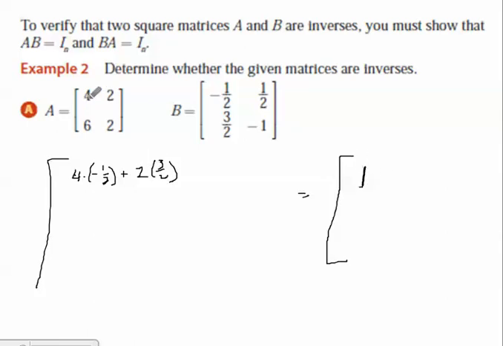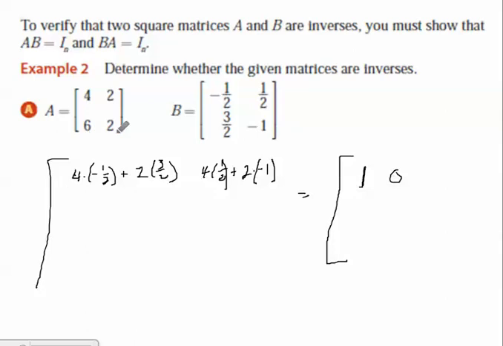So the 4 times 1/2 plus 2 times negative 1. That's going to be 2 plus negative 2, which gives me a 0.